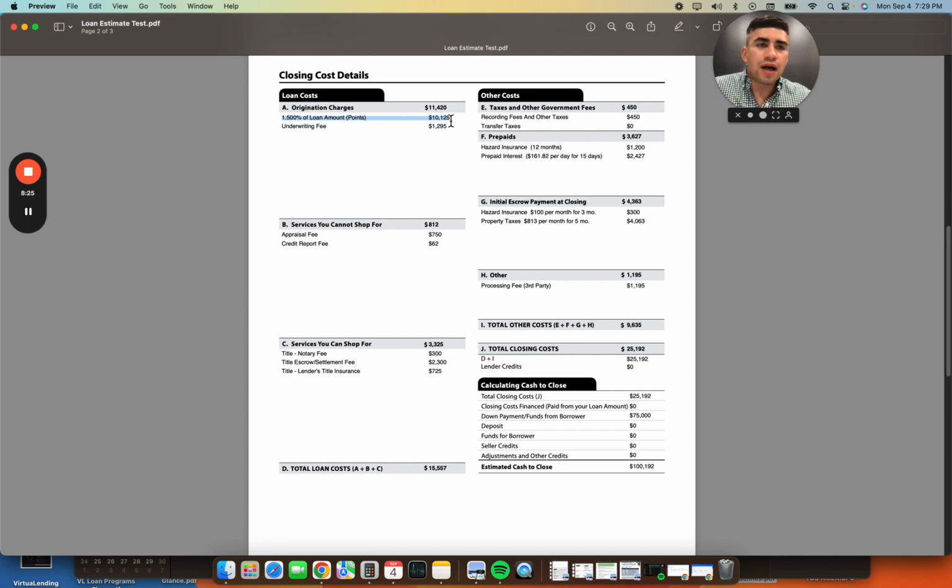A lot of people ask about the points and how much does a loan cost. Well, there's two main different types of loans, right? You have your conventional and your non-QM files. In this case, we're using a bank statement loan, remember, so it's considered a non-QM file, which is a non-qualified mortgage.